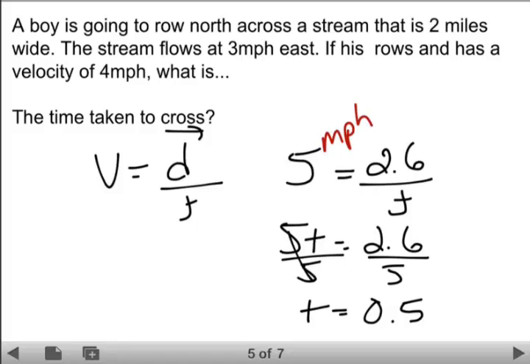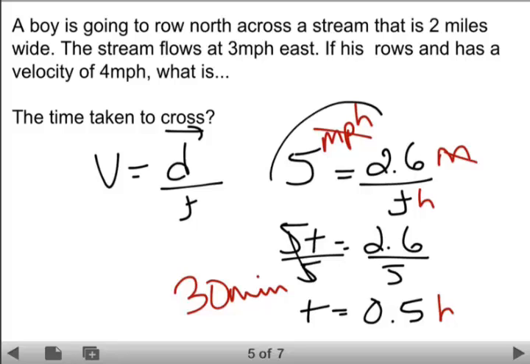Our distance was miles. So our time then, the miles will cross out and you'll end up with hours. So this is an hour. So it took him a half hour or 30 minutes. Okay. So that's how long it took him. So we used basically the resultant velocity, the distance of the resultant, and then found the time.